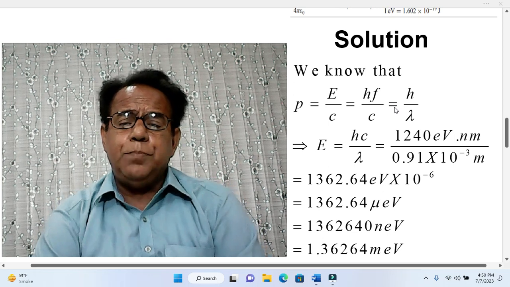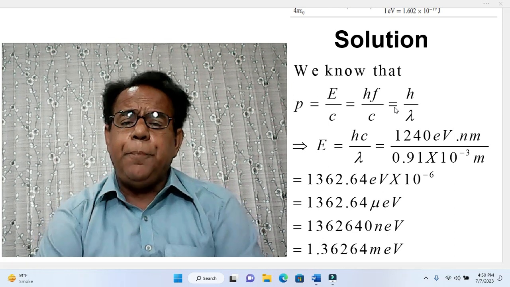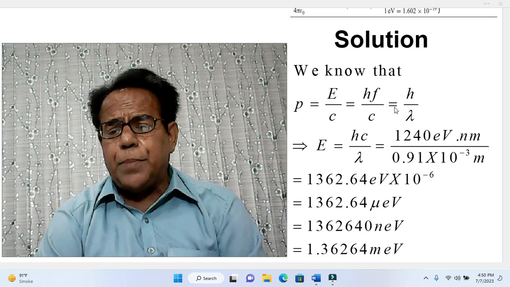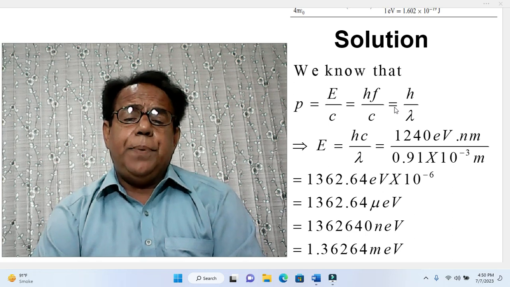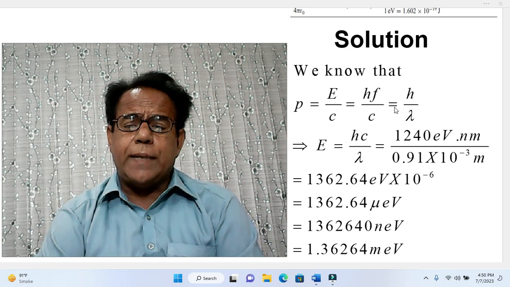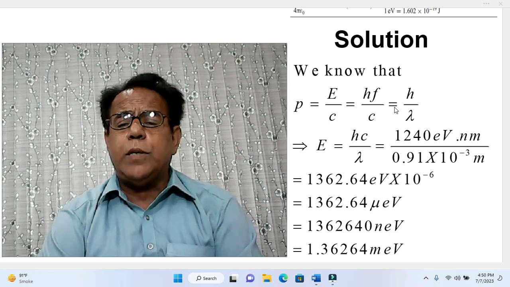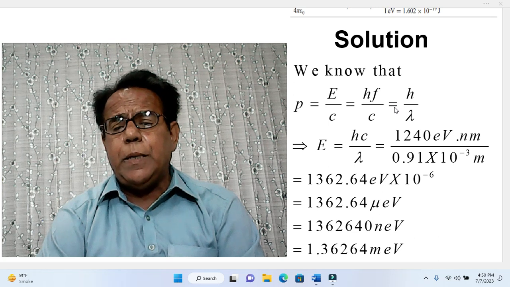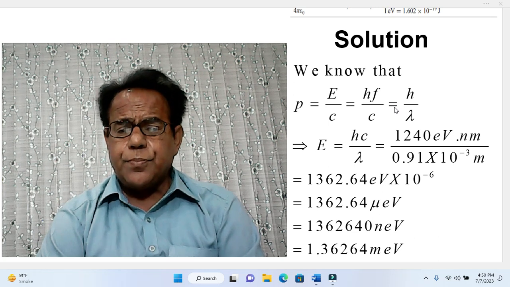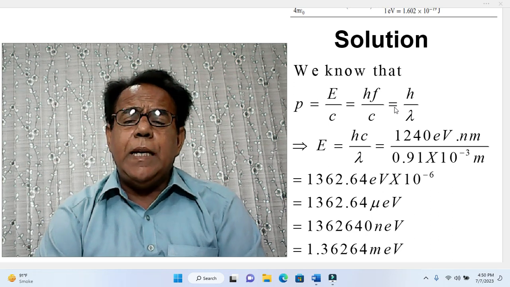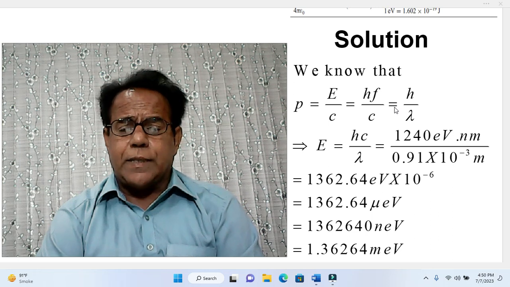We know that momentum p is equal to E over c, which alternatively becomes equal to hf over c, which alternatively becomes equal to h over wavelength lambda. This implies that capital E is equal to hc over lambda, because to derive this form we take E over c equal to h over lambda. We will omit the remaining two equivalent factors for the time being.